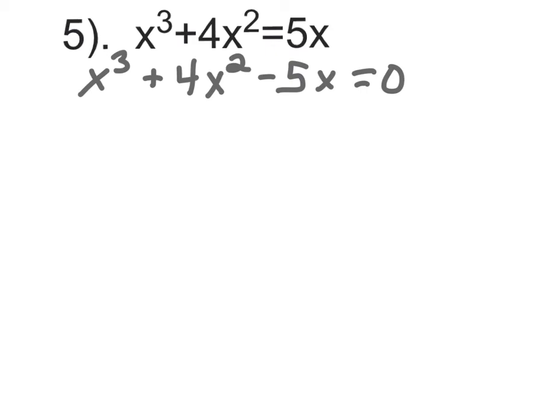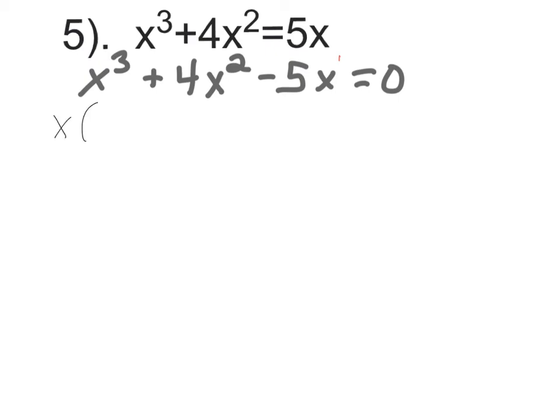Now we can go ahead and start off factoring by looking for a GCF. Do you see a GCF? Well, you should see that each one of these terms in the polynomial has an x, and that the lowest exponent is x to the first power, so that we can go ahead and factor out an x to the first power since it's common to all.